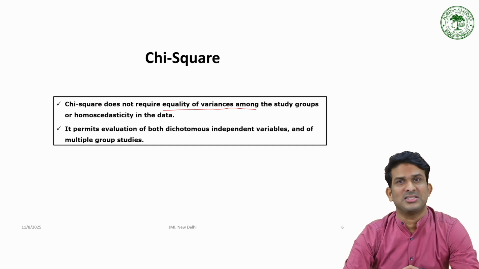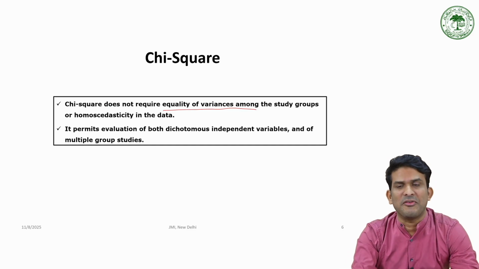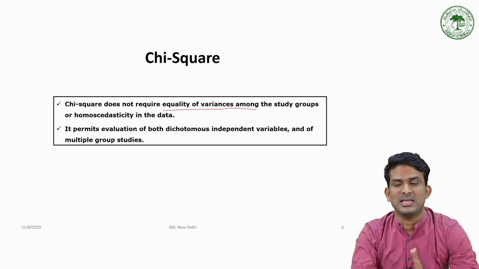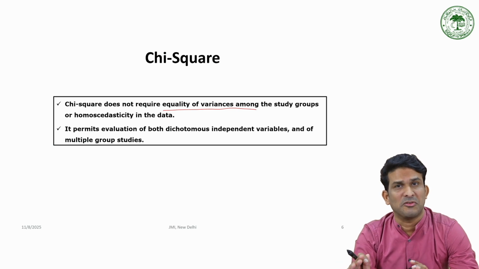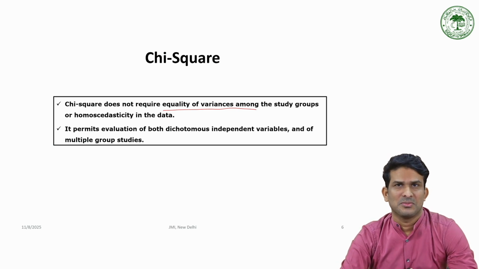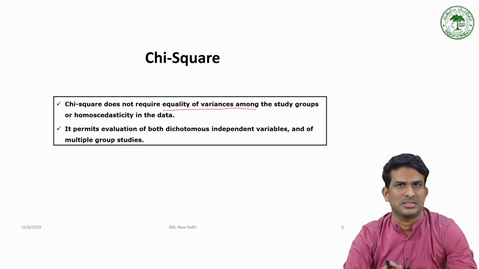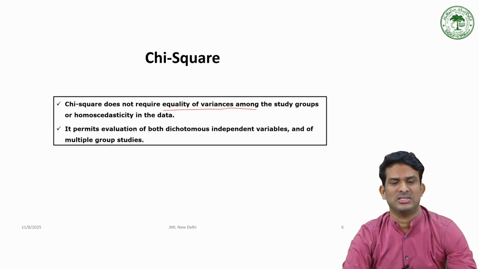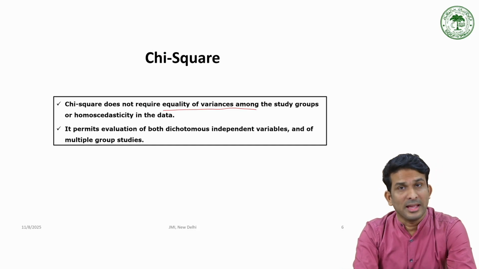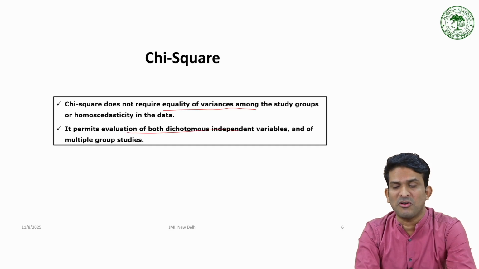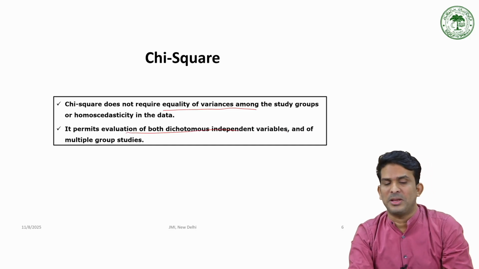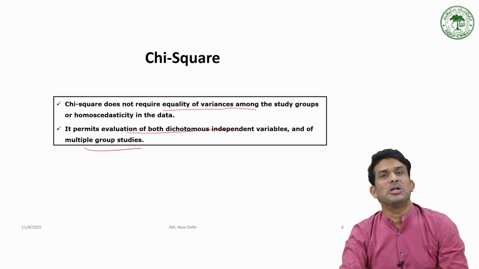This homoscedasticity or equality of variance among the data set is one of the parameters for parametric tests. So we have already mentioned chi-square is a non-parametric test, and hence it does not require any assumption like homoscedasticity. Got it? Again, it permits evaluation of both dichotomous independent variables and multiple group studies.